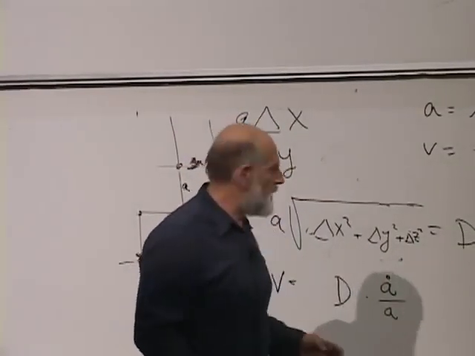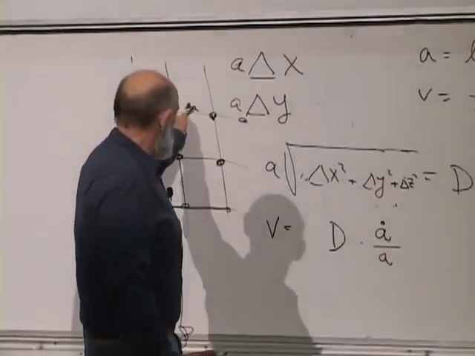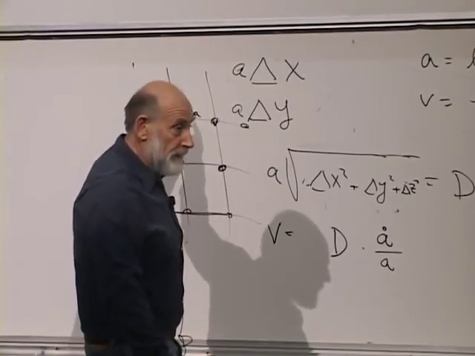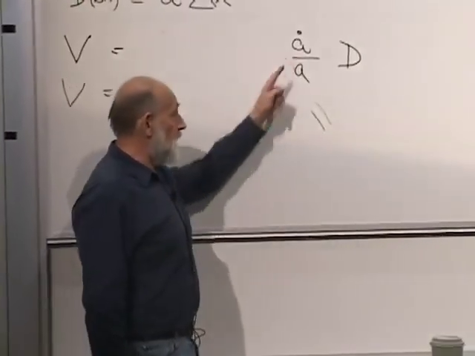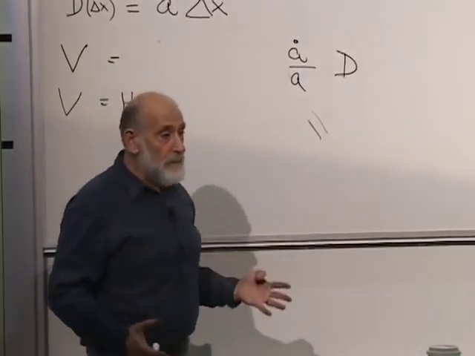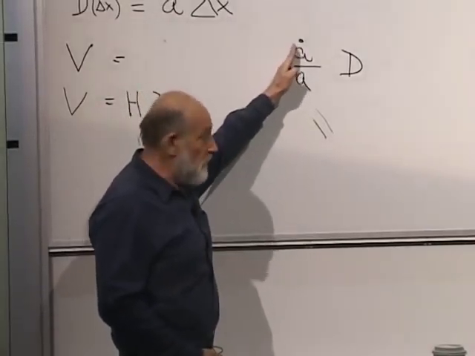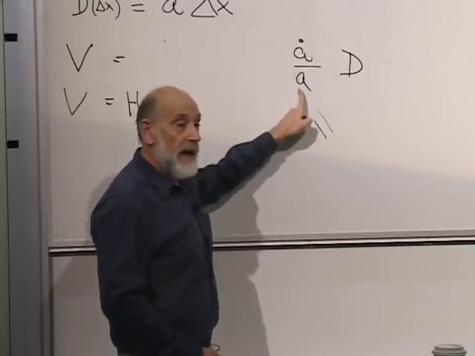Instead of the scale factor being the distance between these two galaxies, let's take it to be the distance out to 1/3 of the way to the next galaxy. We could do that. So we would have another scale factor, which was bigger or smaller, it doesn't matter, than our original scale factor, but the ratio of A dot to A would be the same.